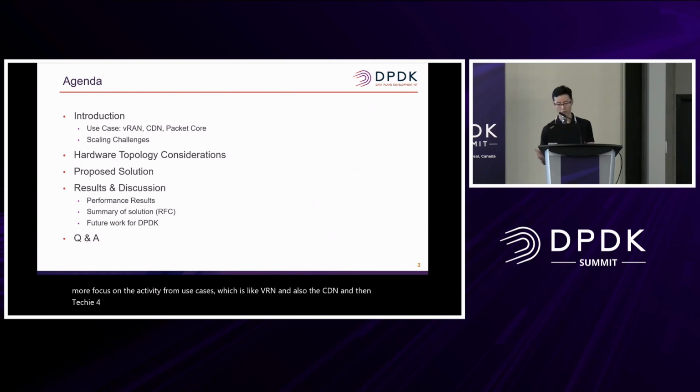Later, focusing on the packet core side, Vipin will show how we approached and tried to solve the problem. Lastly, we're going to talk about the RFC proposal for this solution, the current status of the RFC, what the upcoming stage is, and what we are going to do in the future.